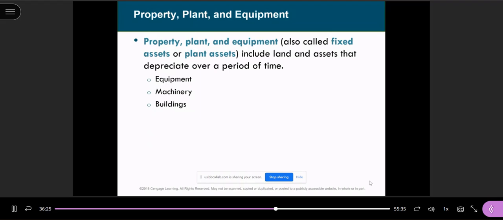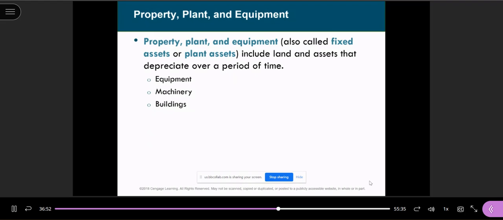And something that I will remind you of here is that the only long-term or fixed asset that we have that does not get depreciated is land. So a piece of land, we leave it at whatever value that we paid for it. So if a company has land, it's always going to be listed first in this property, plant, and equipment section.